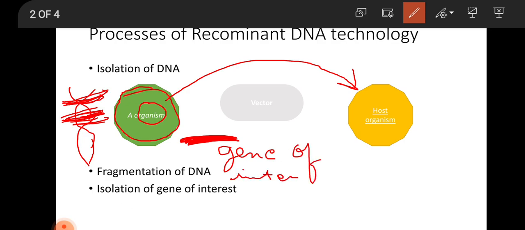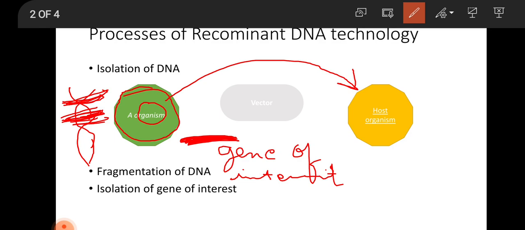When we get this gene of interest, we will copy it into a vector. So we need a vector for copying, or amplification, of the gene of interest.